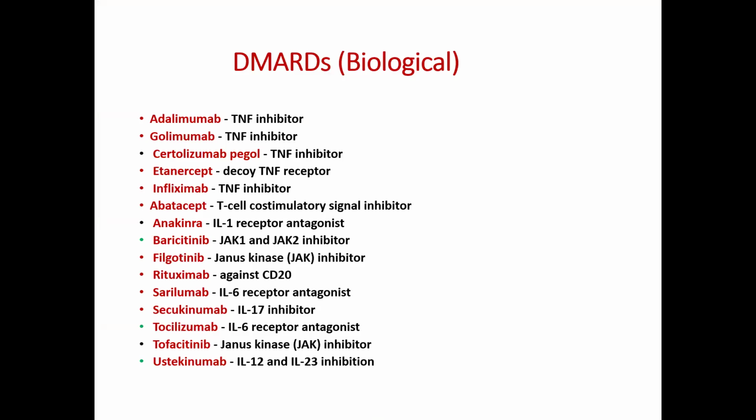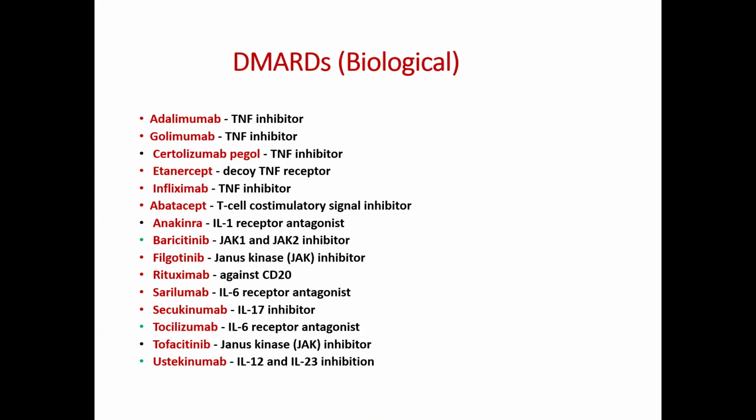For example, adalimumab, a tumor necrosis factor inhibitor. Golimumab, tumor necrosis factor inhibitor. Etanercept, a decoy tumor necrosis factor receptor. Infliximab, tumor necrosis factor inhibitor. Anakinra, interleukin-1 receptor antagonist. And we can keep going on and on.